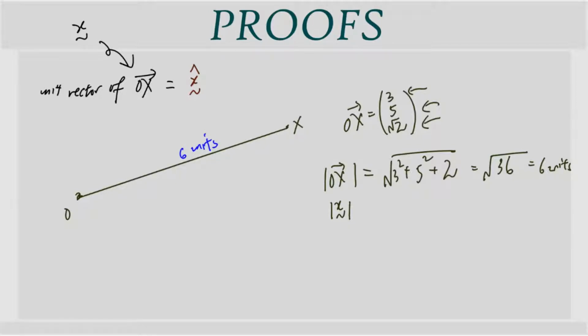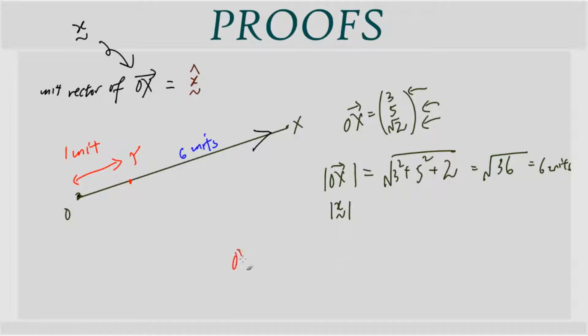Right, now I want to know what's OX but 1 unit. So it's moving in the direction OX, but I want to know what it's like when it's 1 unit in magnitude. So let's say this point Y over here. I want to know OY, where OY has the magnitude of 1 unit. One way to do it is to divide OX by 6.